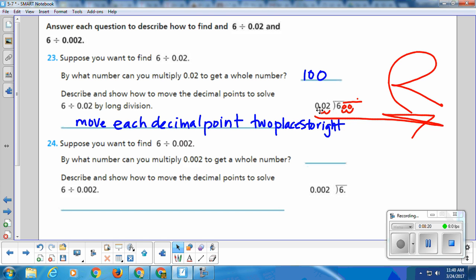Suppose you want to find 6 divided by 2 thousandths. What number are you going to multiply 2 thousandths by to get a whole number? Everybody say. All right. I think you're starting to see the patterns.